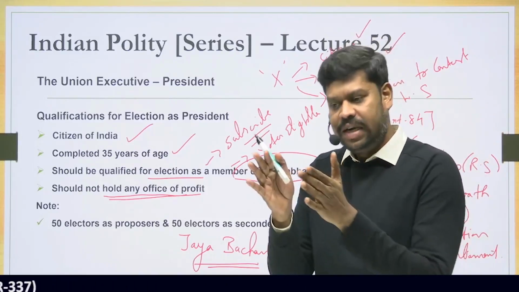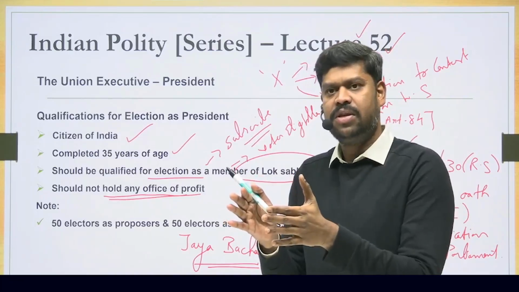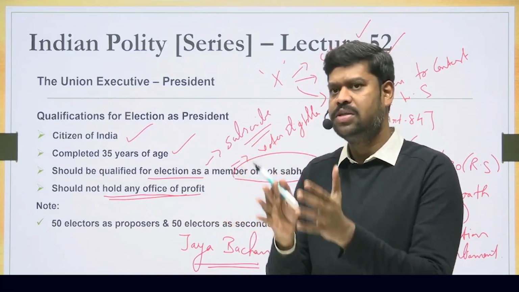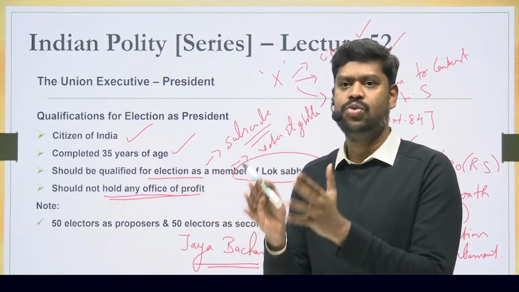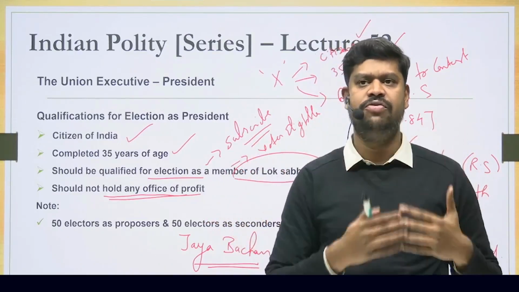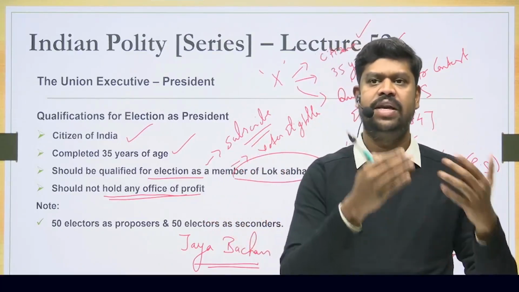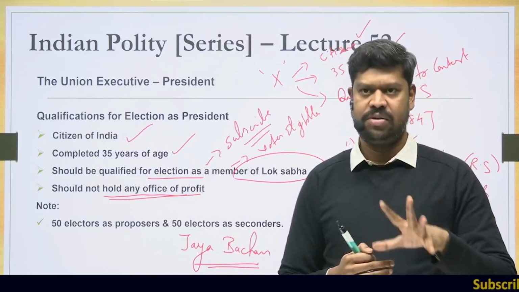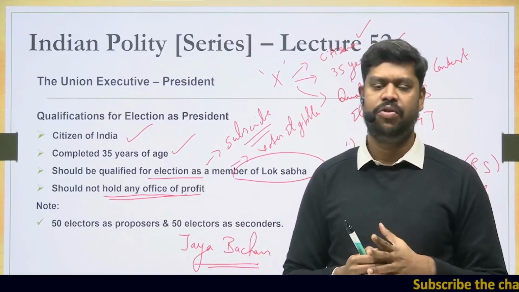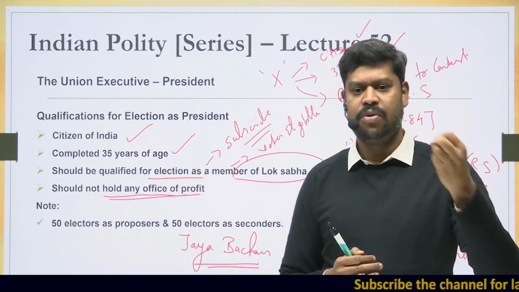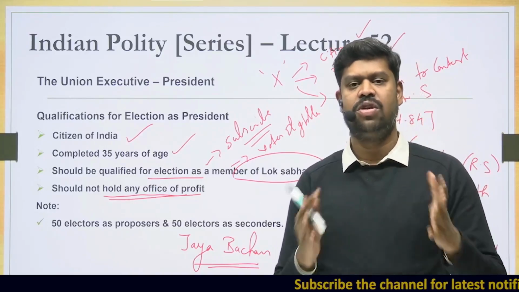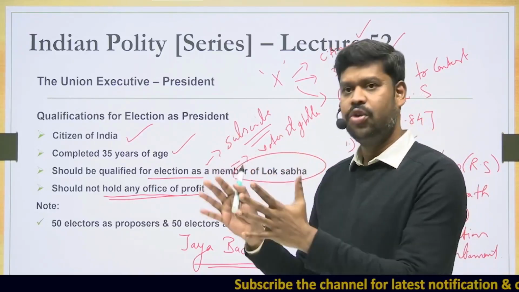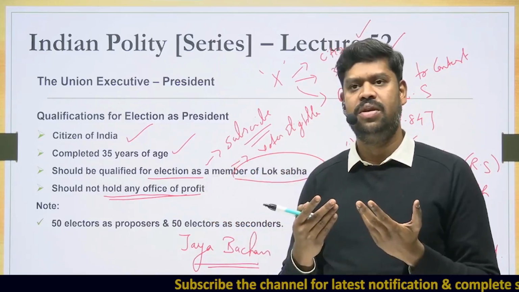Because till that point of time, in the Jaya Bachchan case, an office of profit was considered only if the profit is received. If somebody is taking a profit by occupying an office, which may be salary or any other profit, unless and until the profit is received, it is not an office of profit. So Jaya Bachchan was arguing, I did not take the profit.